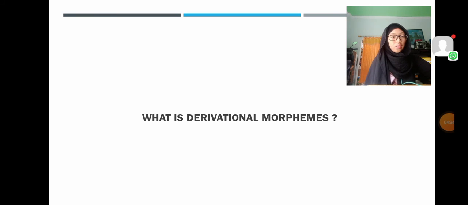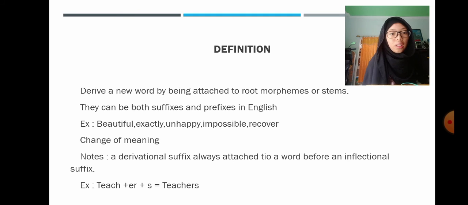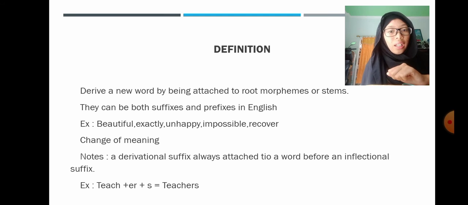First, what are derivational morphemes? Derivational morphemes are morphemes which derive a new word by being attached to root morphemes or stems, and they can be both suffixes and prefixes in English. Examples: beautiful, exactly, unhappy, impossible, recover, and others.